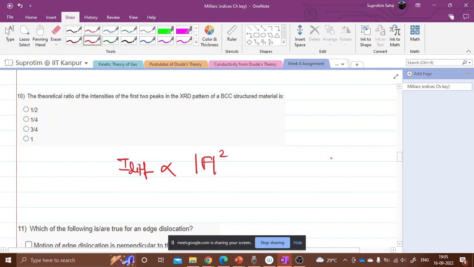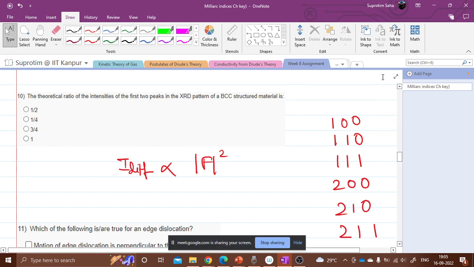For BCC, let me write out the planes: 100, 110, 111, 200, 210, 211. The combination h plus k plus l has to be even. So the first peak would come from 110, because h plus k plus l is even in that case.